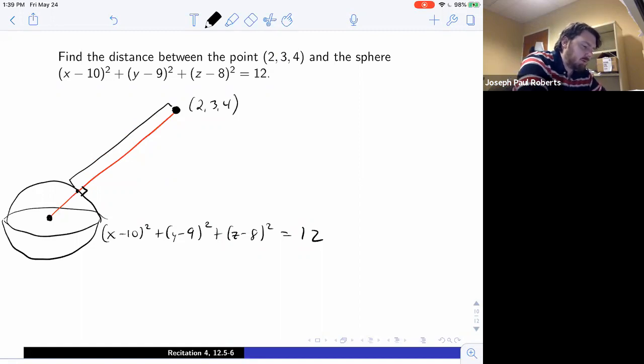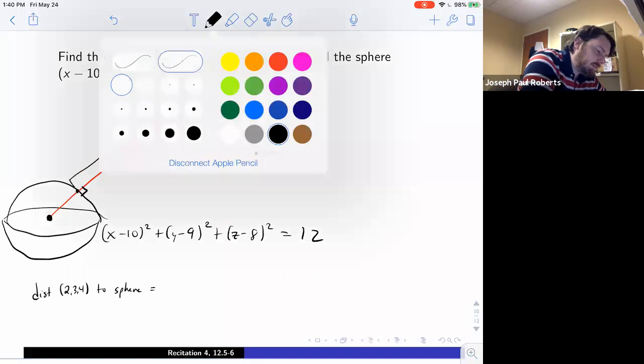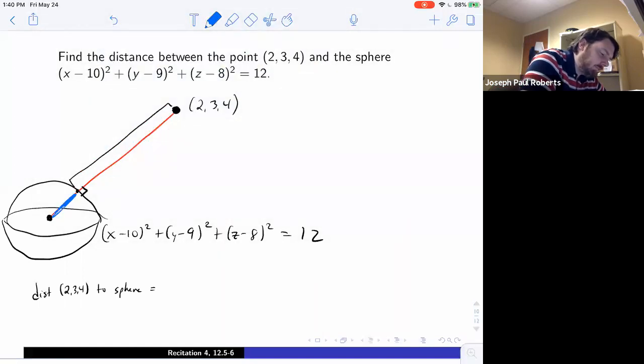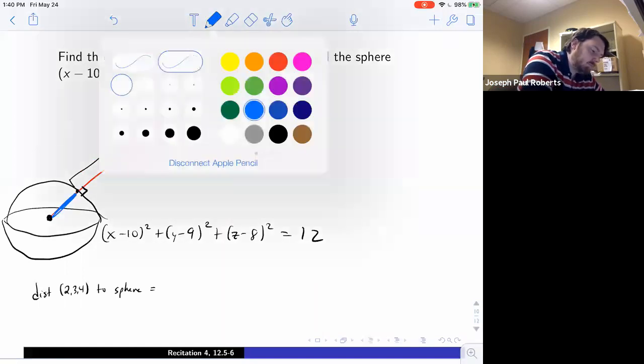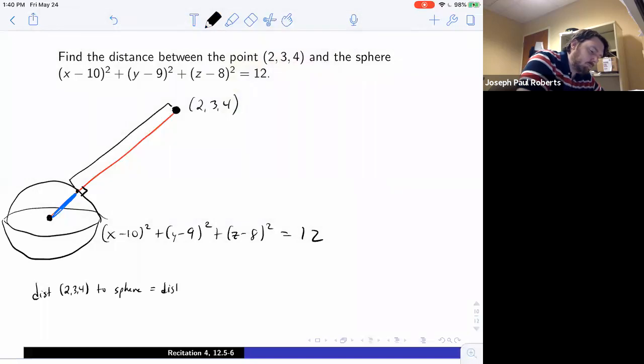So the distance from 2, 3, 4 to the sphere you could figure out by doing the distance to the center, 10, 9, 8, minus the radius.